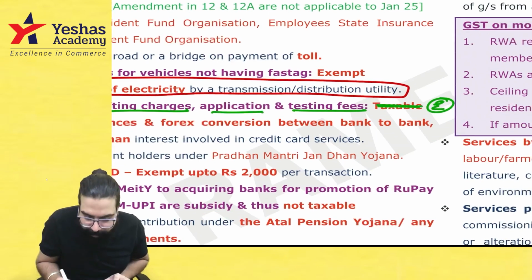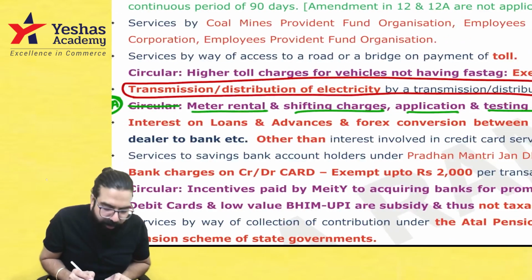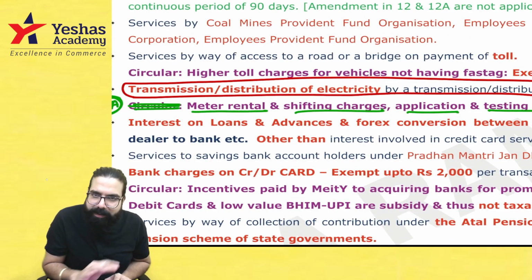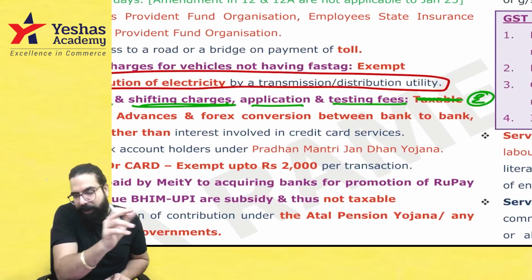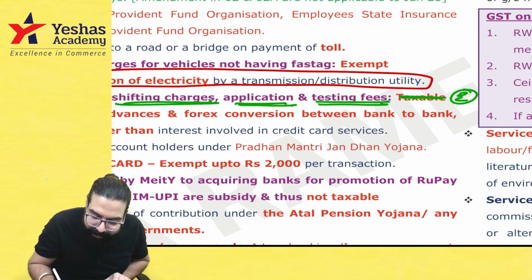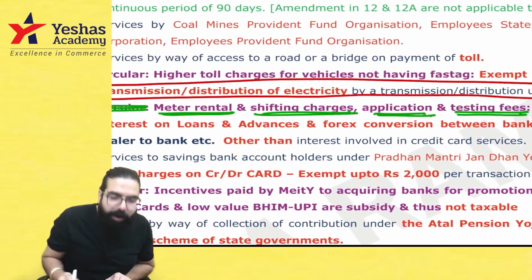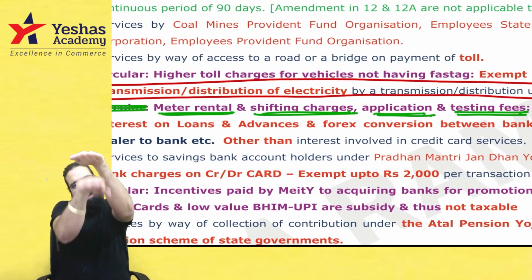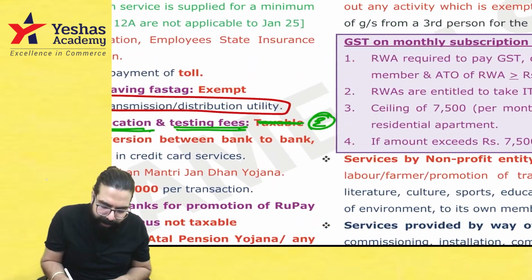You have to cut and write one new entry inserted, entry number 25A. This circular is waste now. All these charges by the electricity distribution utility are ancillary supplies with respect to electricity, and hence will also be exempted.